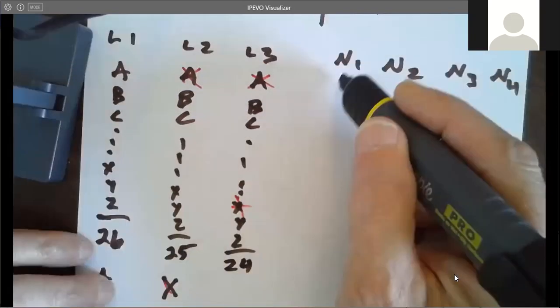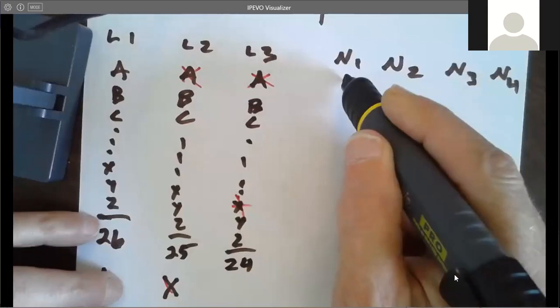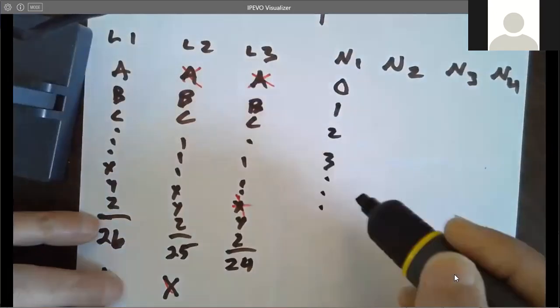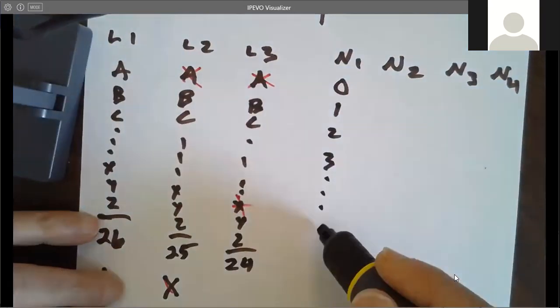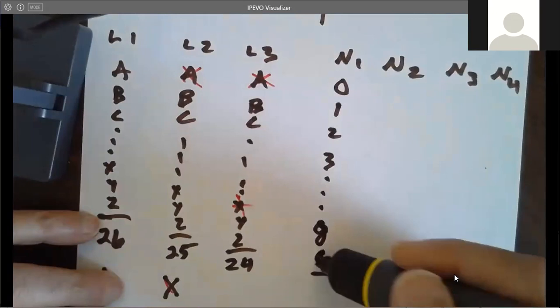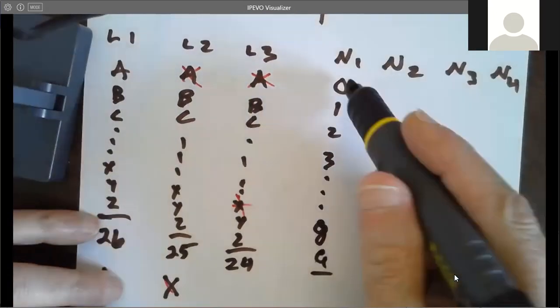Okay, now the numbers. The numbers start with 0, 1, 2, 3, all the way to 9. So 1 through 9 is 9, plus 0 is 10.